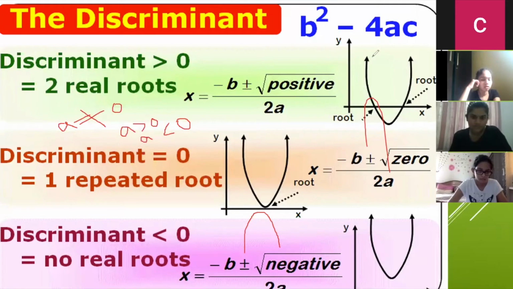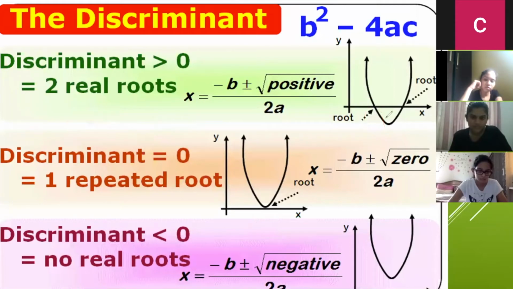Clear? If you observe here, the parabola intersects the x-axis at two places. Another parabola intersects the x-axis at only one point. The third one does not intersect. So what is the difference between these three?